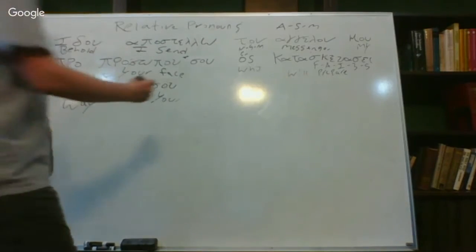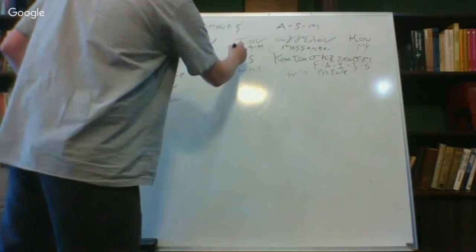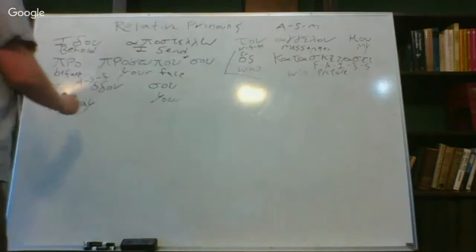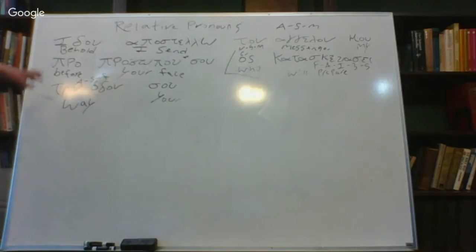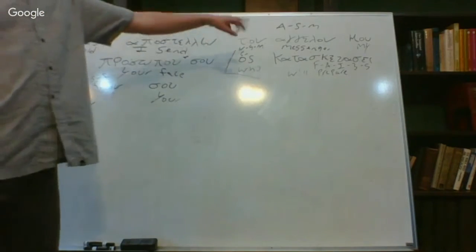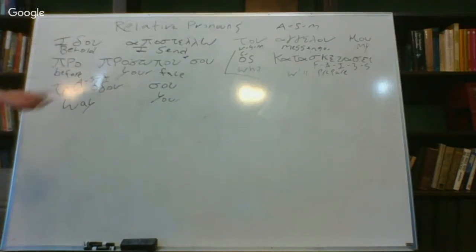So the hos here is our relative pronoun, so everything after the hos is a relative clause, right? Because we could just have, behold, I send my messenger before your face. A bit idiomatic, it's not translated nicely with what we have, but that's basically what we have.